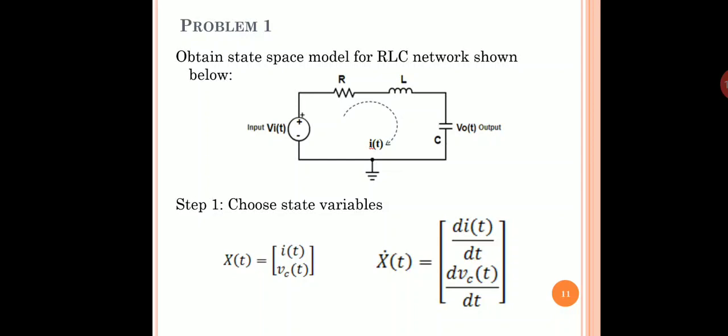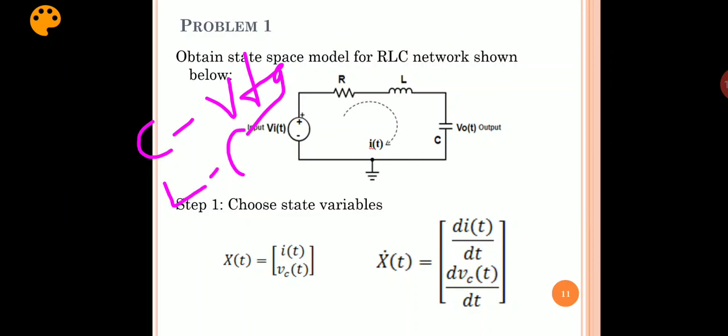One more hint here: whenever you have an inductor, I take the current passing through that inductor as my state variable, and whenever I have a capacitor, I take the voltage across the capacitor as my state variable. So one simple hint: for C it is voltage and for L it is current. In the same way, here the state variables are chosen.